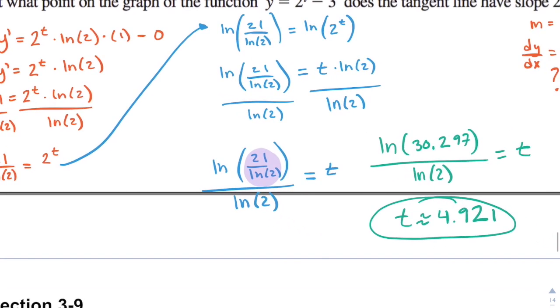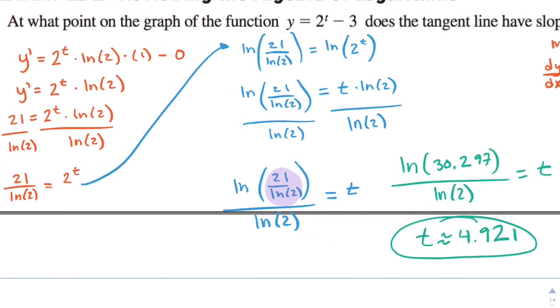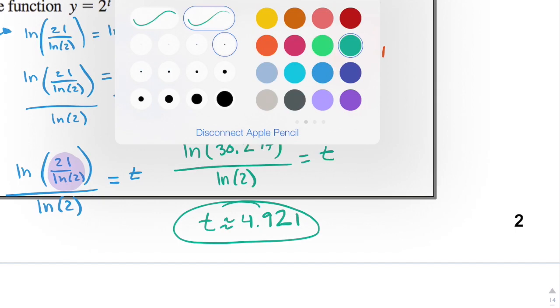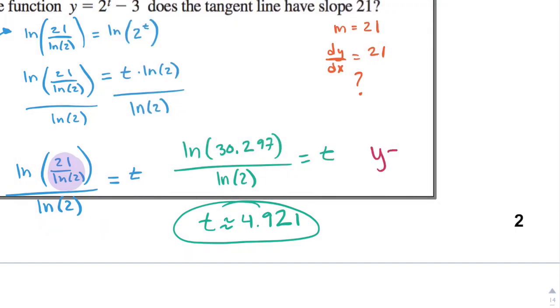But it says point, so it wants an ordered pair. It doesn't say at what location, it says at what point. So I also need to evaluate this into y equals 2 to the t minus 3. So y equals 2 to that number, 4.921, and then take away 3.